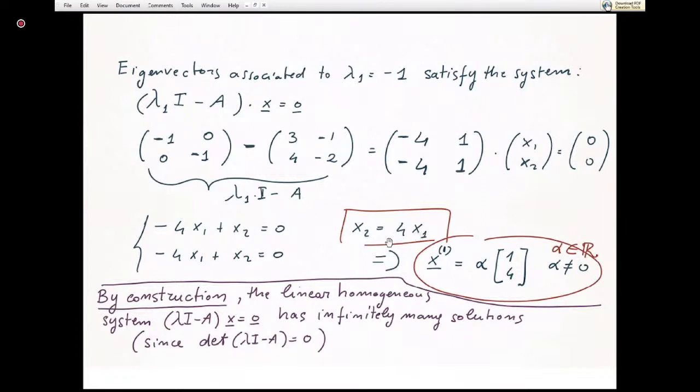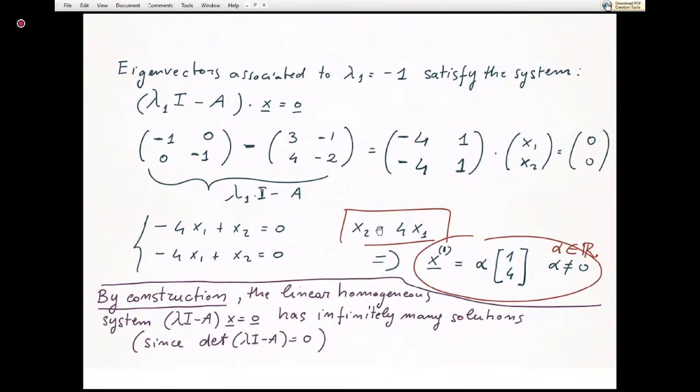In general, you can replace this into the other equation, okay? Here, it is just useless, because the second equation is exactly equal to the first, or proportional to the first equation. So basically, the only information that we have is that any vector satisfying this property works.